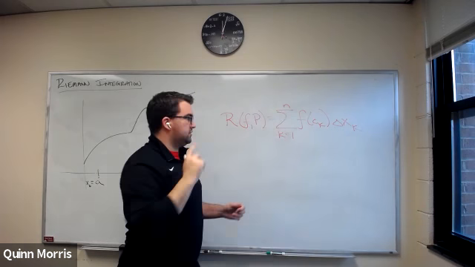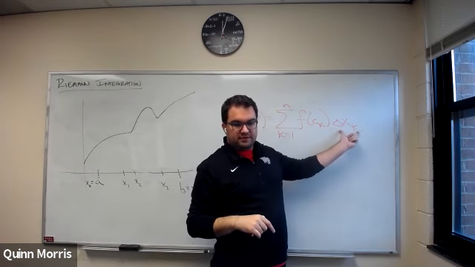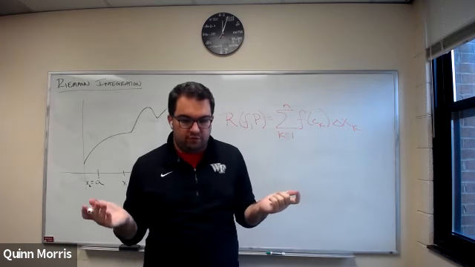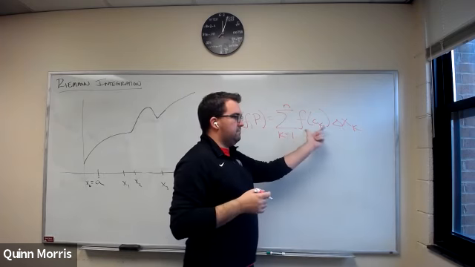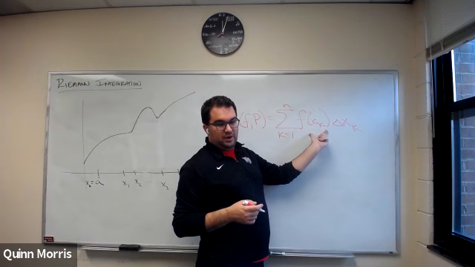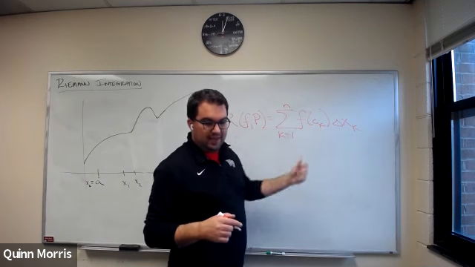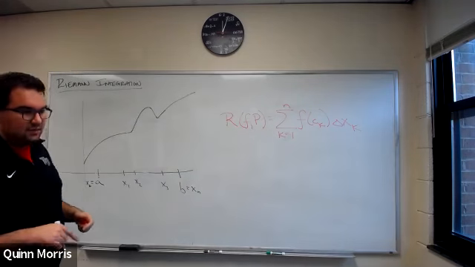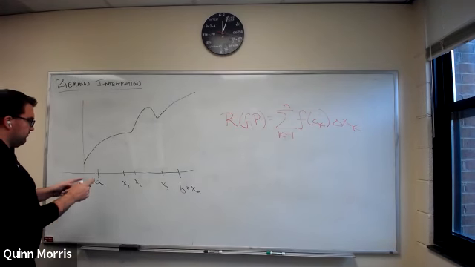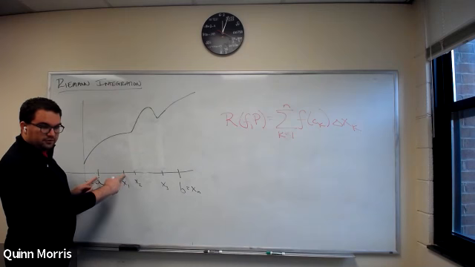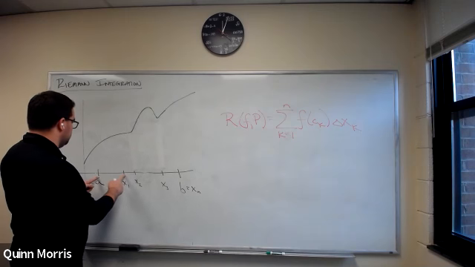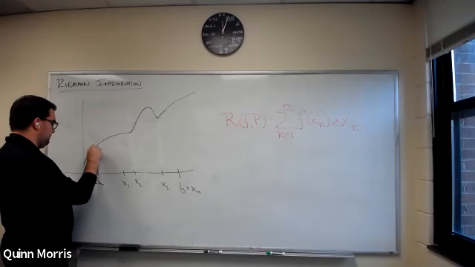If my partition is fixed, then these delta x values are fixed. There's nothing I can do to control those. So if I want to make the sum small, I need to choose my c sub k's so that f of c sub k will be as small as possible. For example, in this first interval, I would ask, what's the smallest function value in that interval?